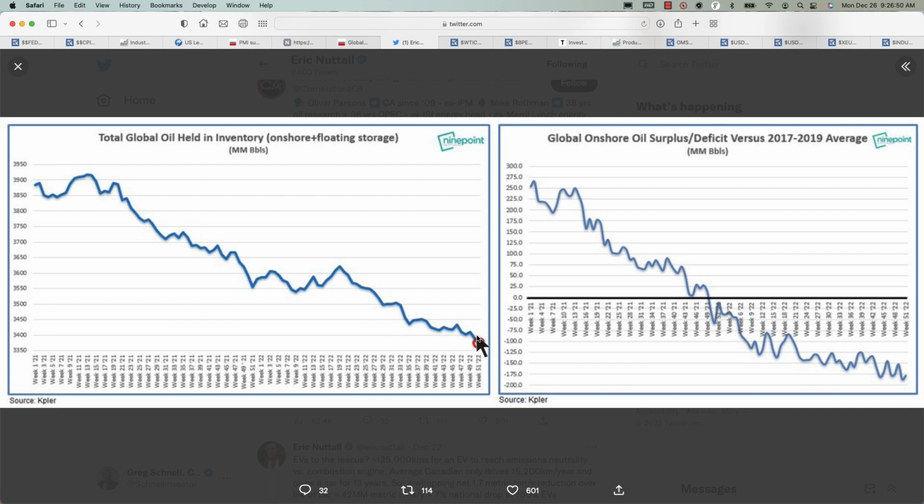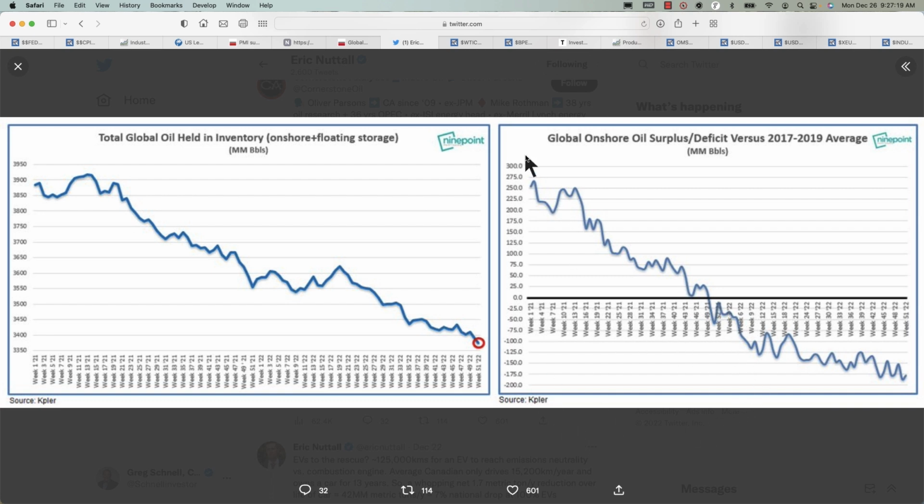OPEC has warned that they can't make up production. Countries like Canada and the US are trying to limit oil drilling. And the more we do this, we're seeing more coal plants turn on in the rest of the world. So the UK has turned on coal. China, Japan, India, Germany have all turned on coal to help supplement the shortage they're getting from oil.